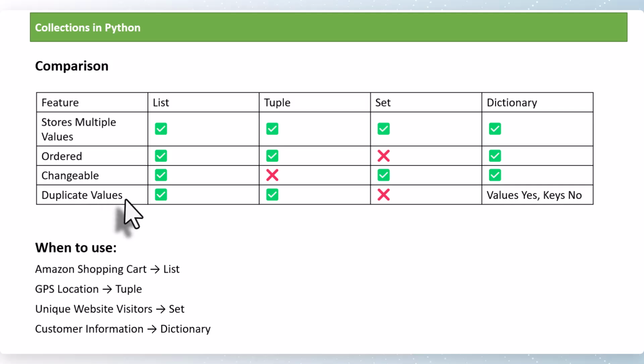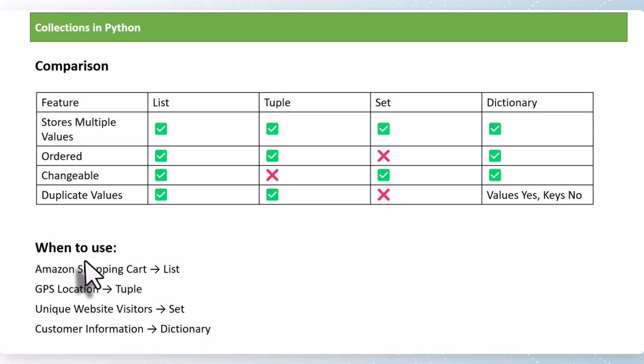Coming to duplicate values, list and tuple allow duplicate values, but set does not allow duplicate values. But in the case of dictionaries, there is a key value pair. Values can be duplicated. Yes, keys cannot be duplicated. No, keys are unique. Values can have duplicates.